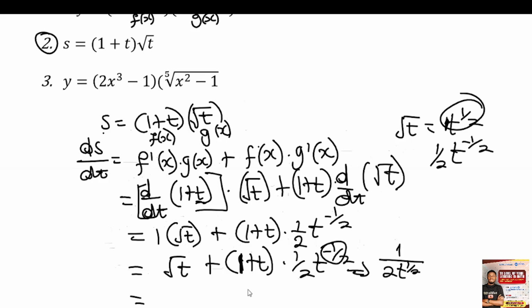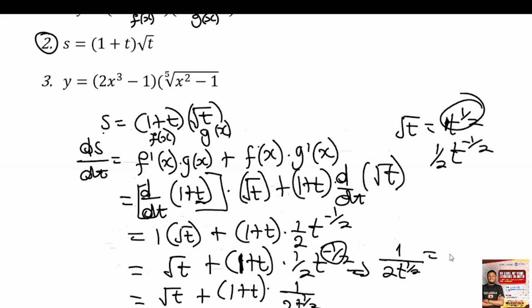And for that matter, this one can be written as root t plus 1 plus t times 1 on 2 t exponent half.